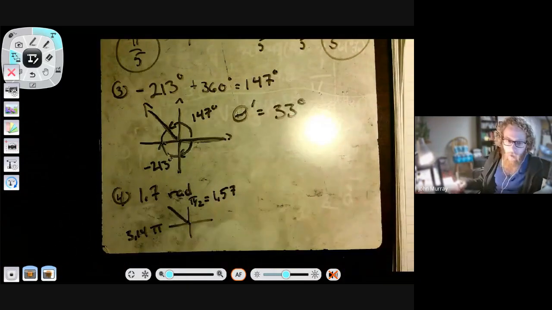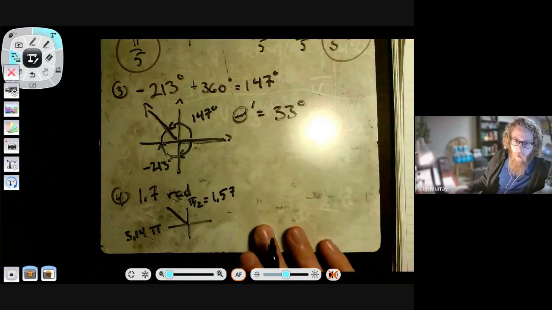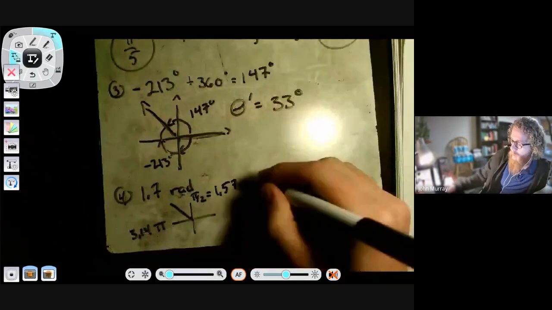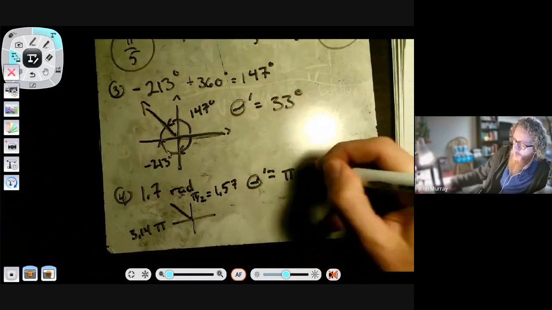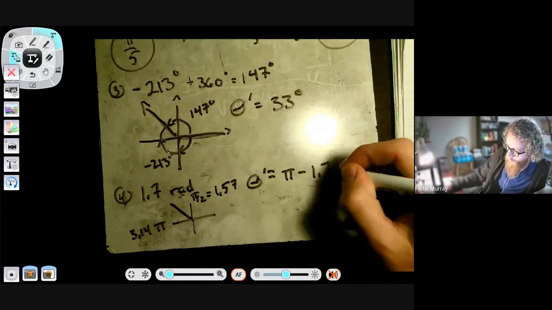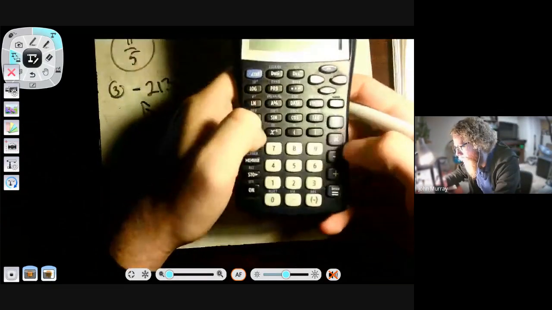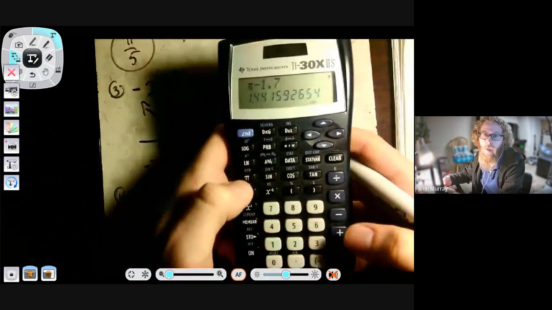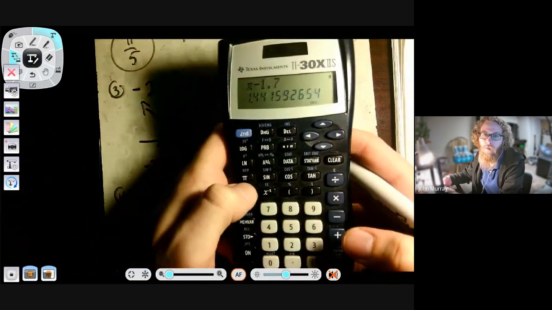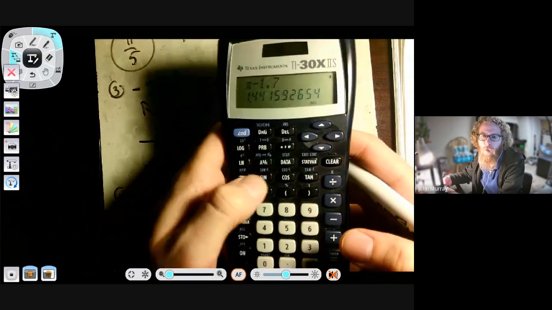So again, we're going to be in the second quadrant, right? So my rule is for the reference angle, we do pi minus our angle, 1.7. So we can do pi minus 1.7. And we're going to round that, and we're going to say about 1.4 or 1.44.